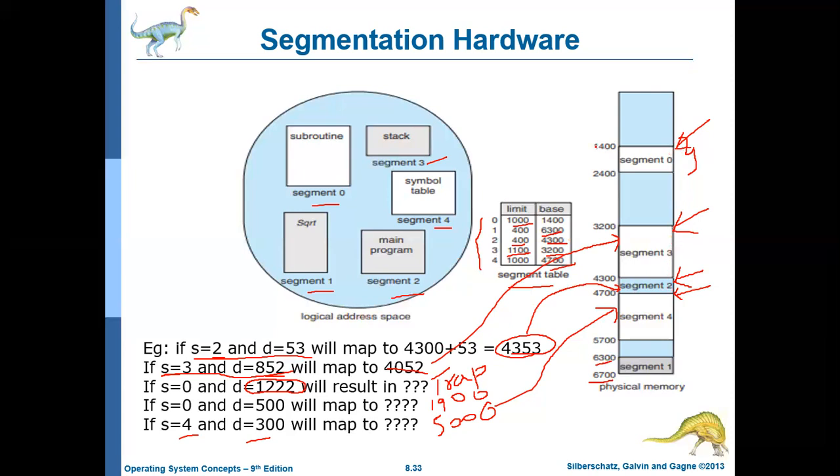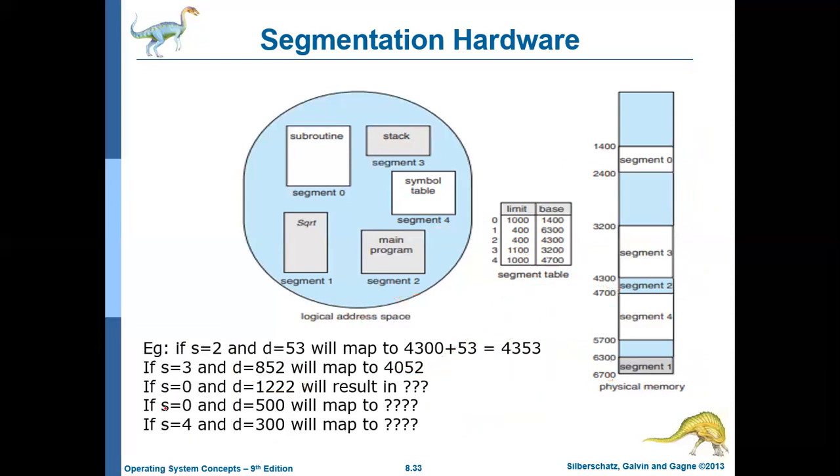They are stored in different locations: segment 0 is stored here, segment 1 is stored here, segment 2 is stored here. So segmentation does not store the contents in contiguous locations. So this is about segmentation. Fine, let us stop here. Thank you.